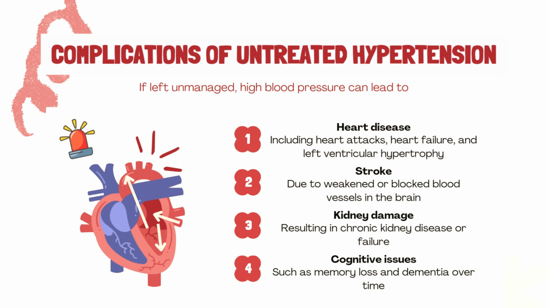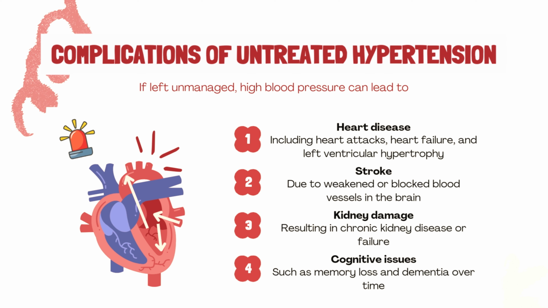Next part is about the complications. What happens if hypertension is untreated? If left untreated, high blood pressure can lead to heart disease, stroke, kidney damage, and cognitive issues. Heart disease includes heart attack, heart failure, and left ventricular hypertrophy. Stroke occurs due to weak or blocked blood vessels in the brain.